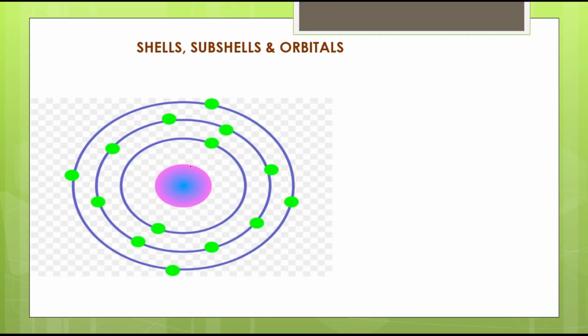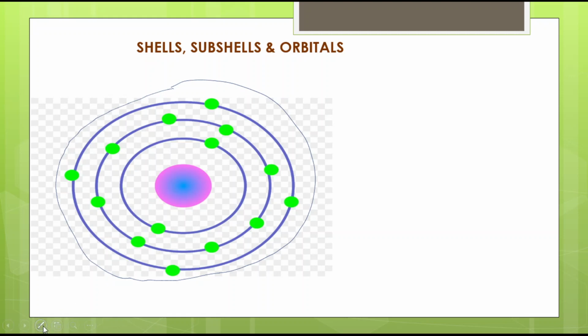Next. So this is about the shell, which we have already defined. Here we are going to check what is this shell as well as energy level, or one more thing, subshell and orbitals. Before that, let me draw one more level for it, one more orbit, in which we have electrons also.